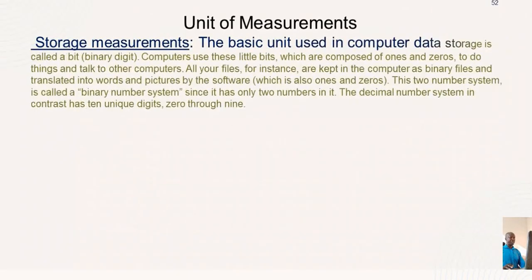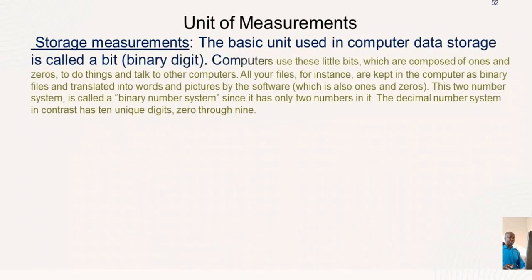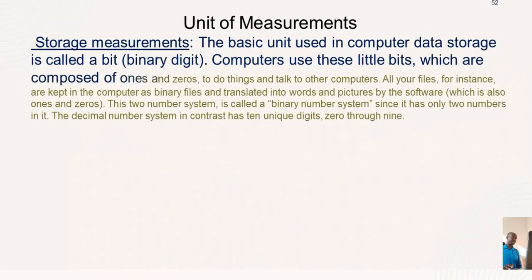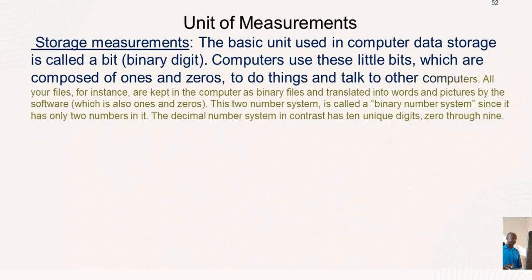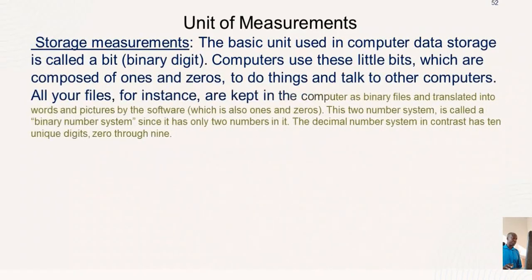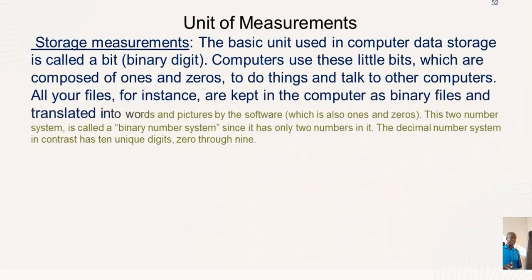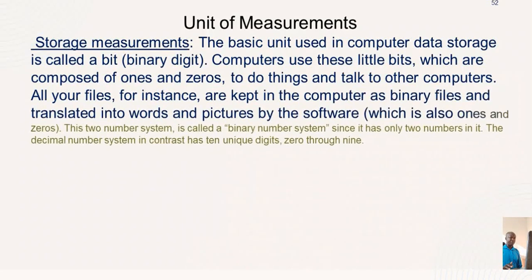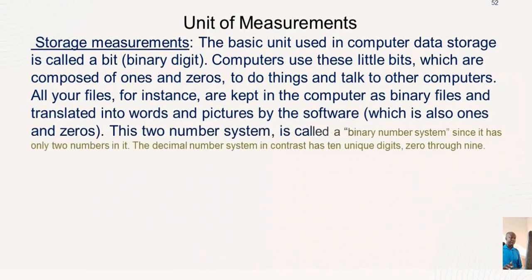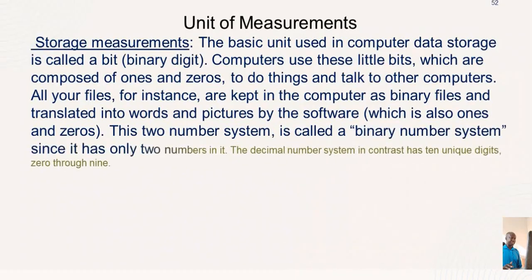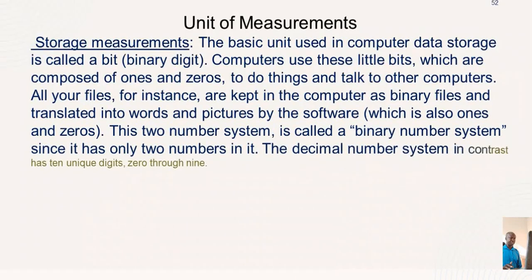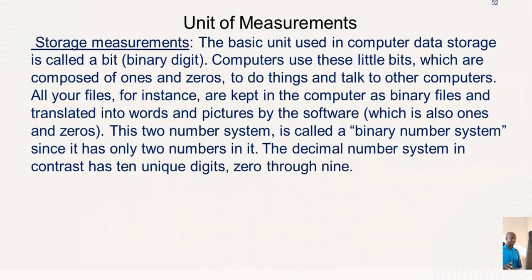Units of measurements. Storage measurements. The basic unit used in computer data storage is called a bit, binary digit in brackets. The elaboration is under, you can see the elaboration.